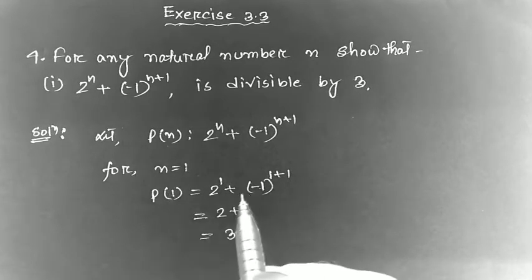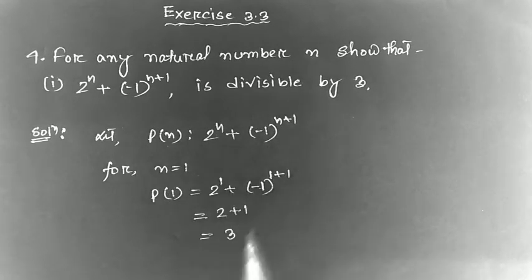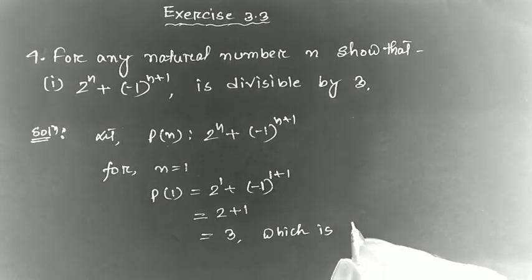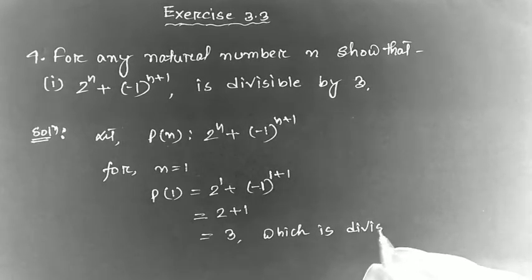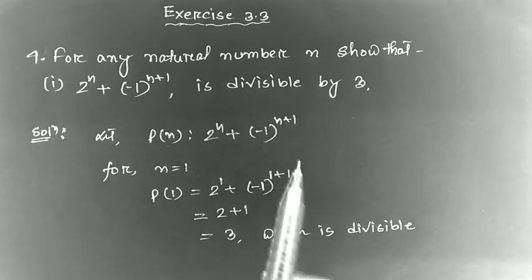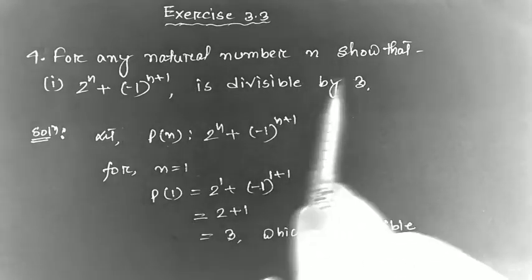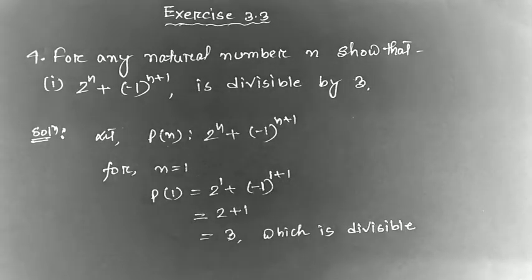So for n equal to 1, the given statement is true, since we get 3, which is divisible by 3. We need to prove that for any integer this statement is true. So first we have seen that for n equal to 1 the statement is divisible by 3, so the first step is completed.